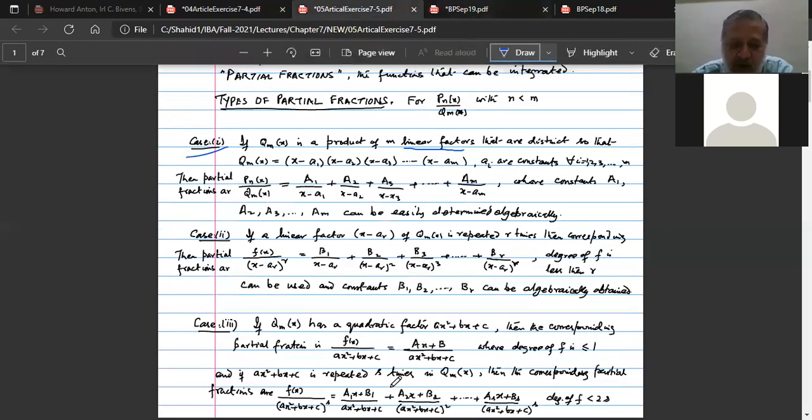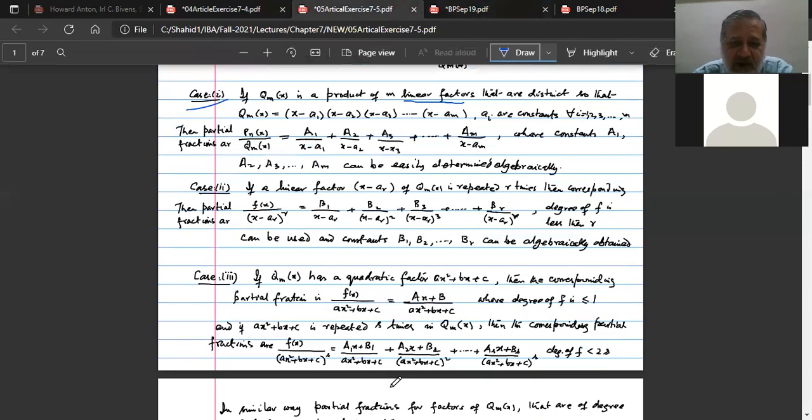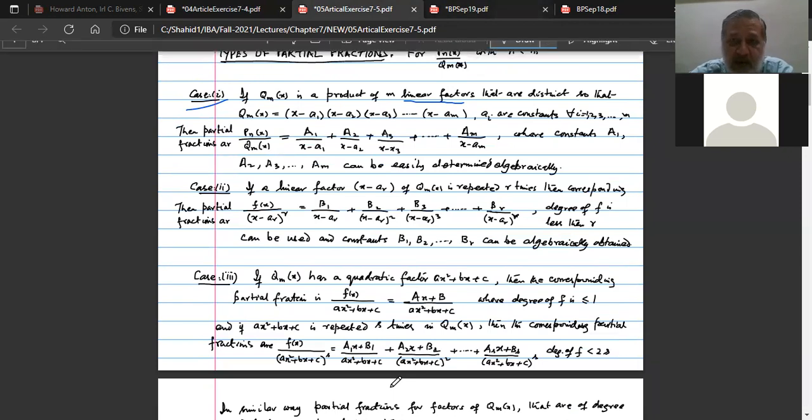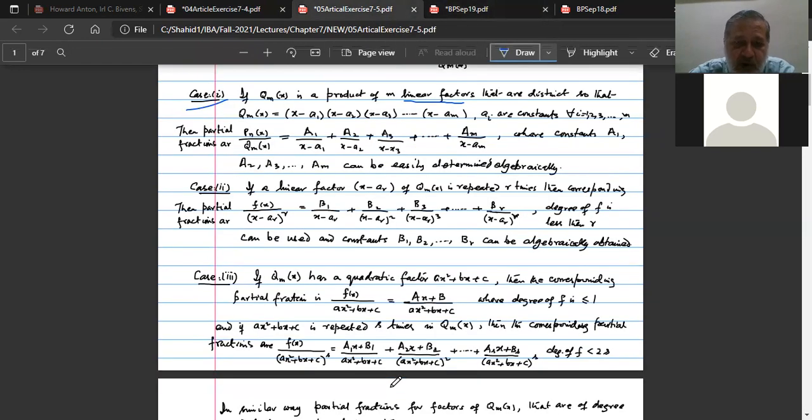Now, the partial fraction technique says that if a linear factor is repeated and has power, like power 2, what you have to do is write a constant upon the linear factor with power 1, plus another constant upon the linear factor squared.